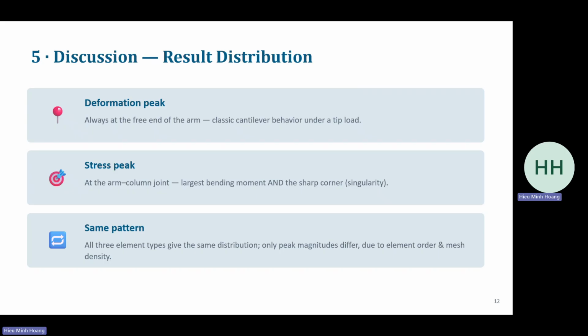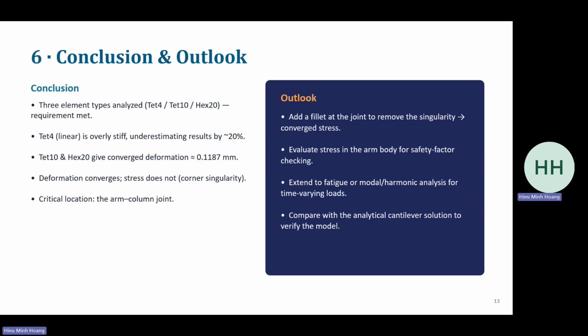So let me summarize everything in the conclusion. I analyzed three element types. TET4 is too stiff and underestimates by about 20%.